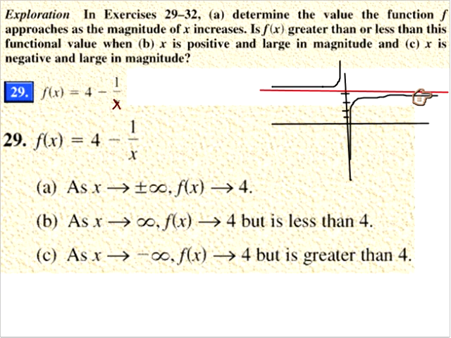It's less than it. However, the graph as x goes to negative infinity is above the red line. So it's greater than 4. And that's what we have to state in part C. So as x goes to negative infinity, f of x goes to 4, but it's larger than it. It's above that asymptote.